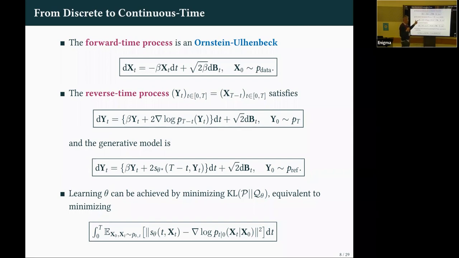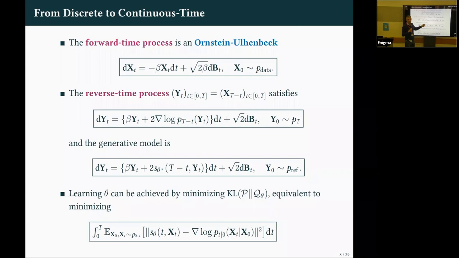And we make two approximations when we implement these things. We replace p_T by some Gaussian noise because we know it's roughly the same, and we approximate this score by a neural net. And what we can show, if you think in continuous time, is how you could learn all the parameters of this neural net.